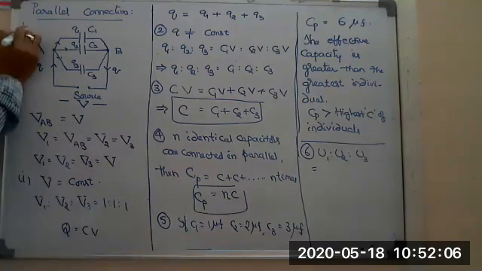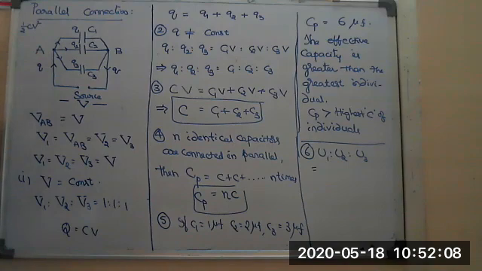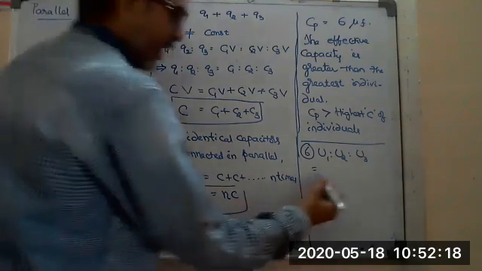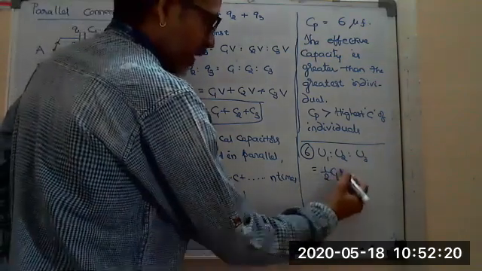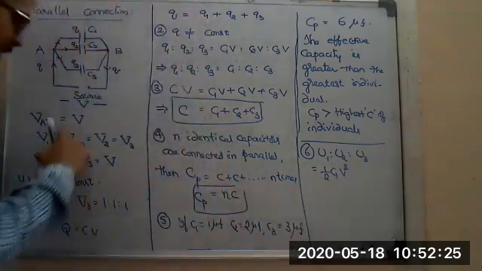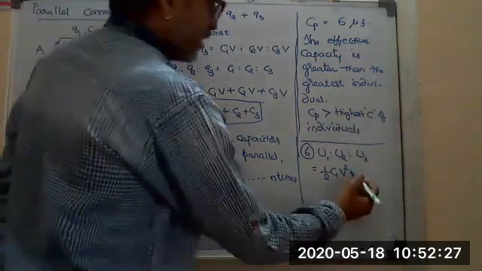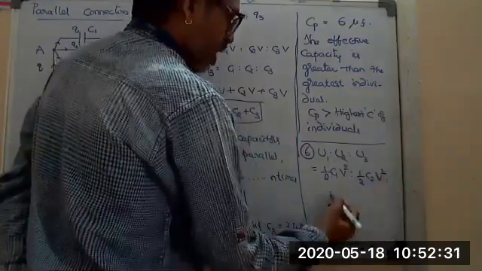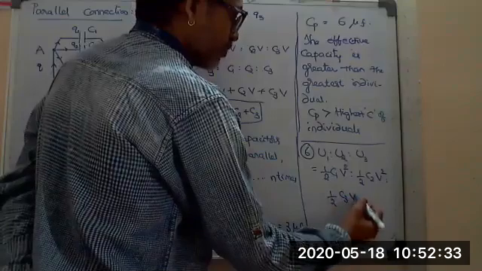Then the other equation, half CV square, is preferable, because V is constant in this parallel grouping. So I use half CV square: half C1 V square is to half C2 V square is to half C3 V square.